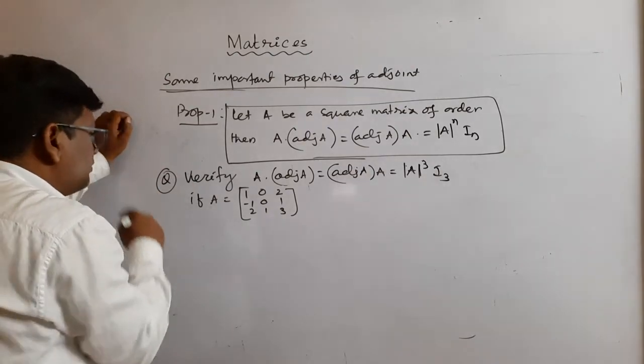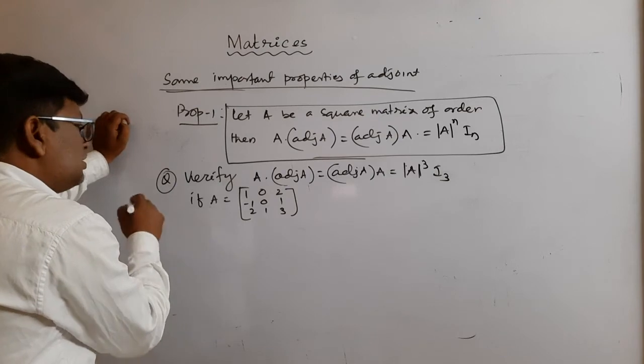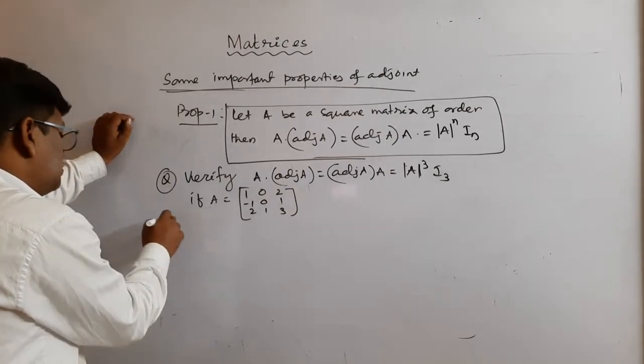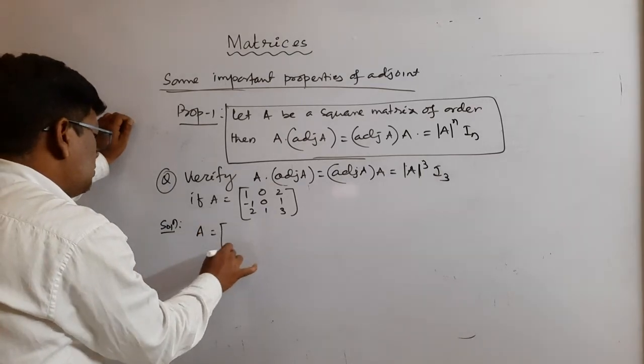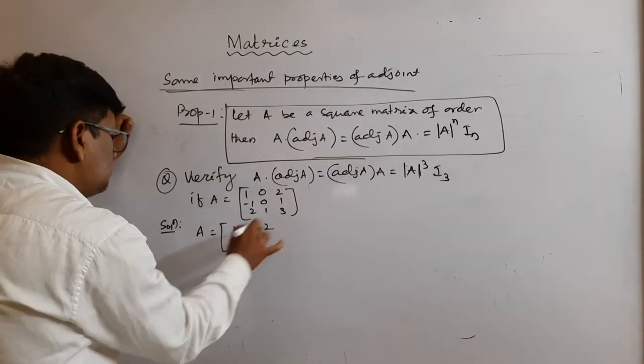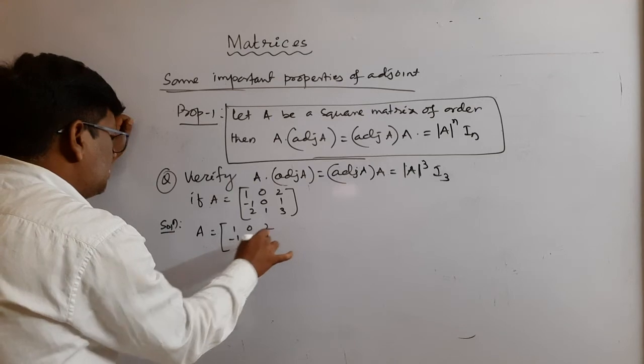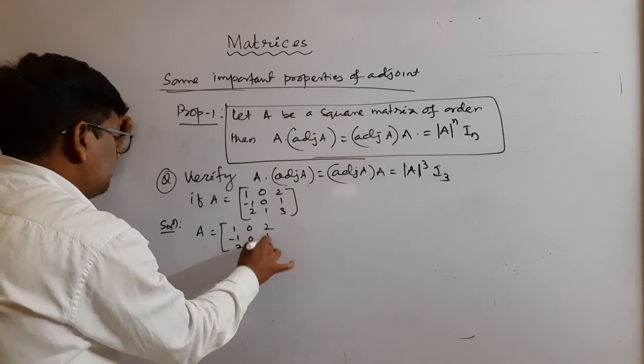One question I will do here. So determinant A and adjoint A. Solution: A is equal to [1 0 2; -1 0 1; 2 1 3].